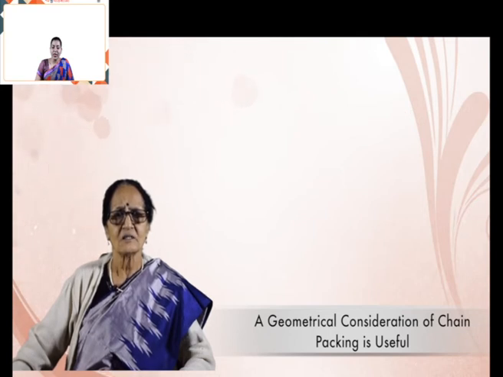Since the cross-section area per chain decreases radially towards the center, only one chain can be fully extended, while the others are more or less folded.